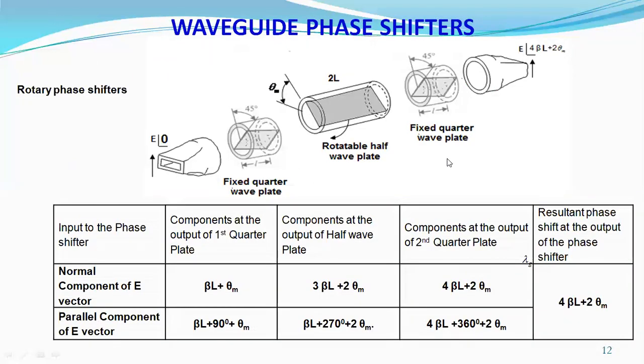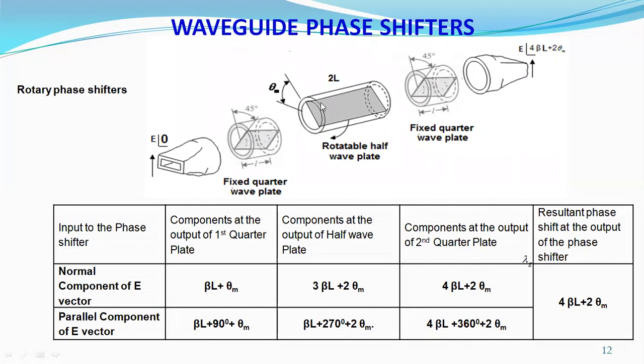The resultant phase shift at the output of the phase shifter is 4 beta L plus 2 theta m. This is beta L, this is beta L, this is 2 beta L.